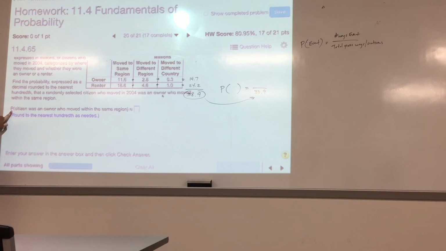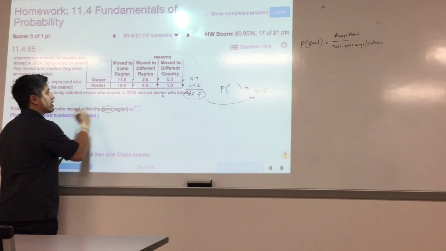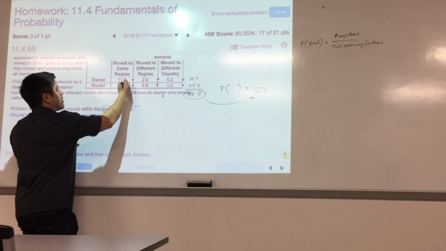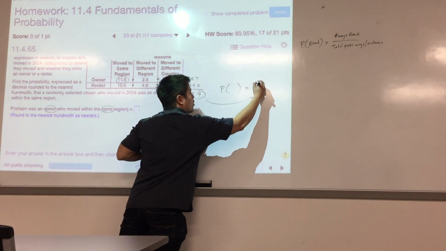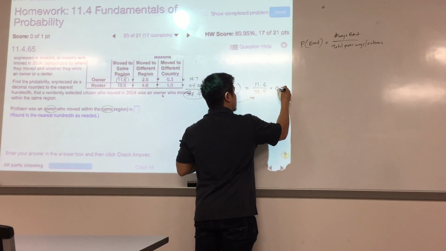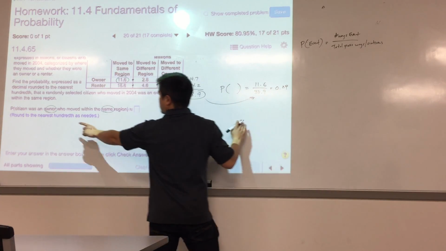Find the probability that the citizen was an owner who moved within the same region. Well, let's go to this. Owner, same region. There it is. And so, 0.29. Or round to the nearest hundredth.